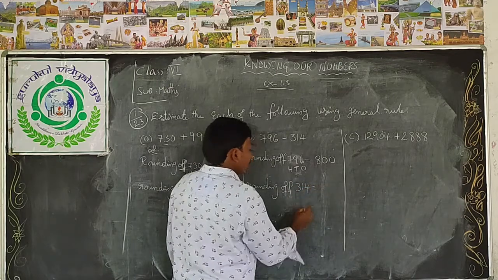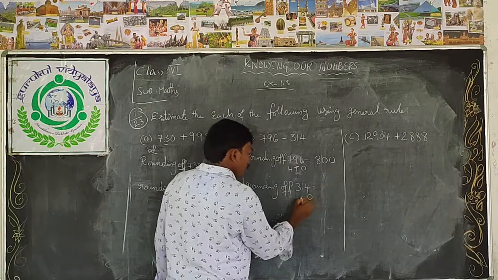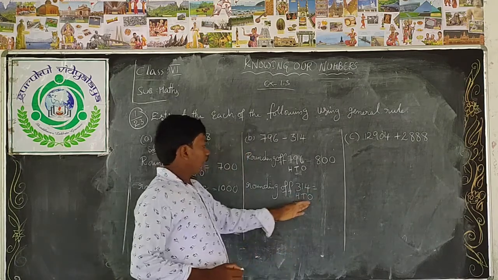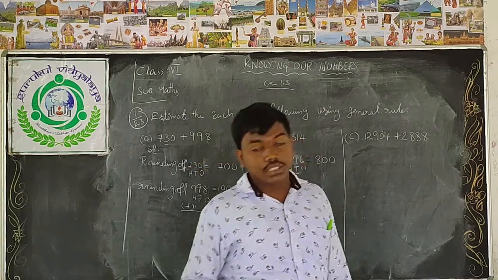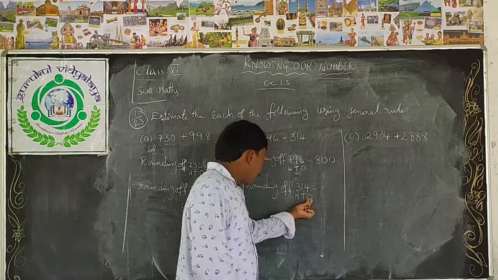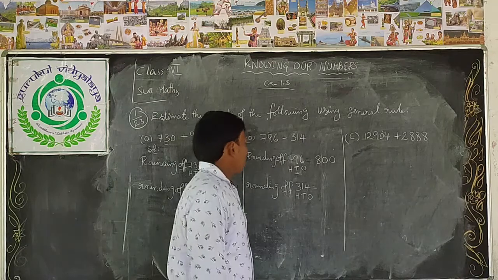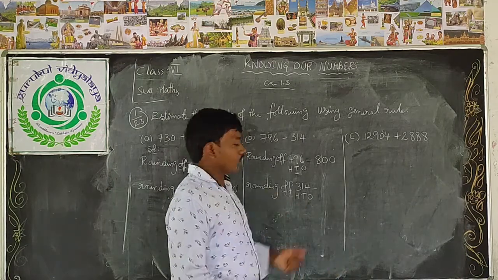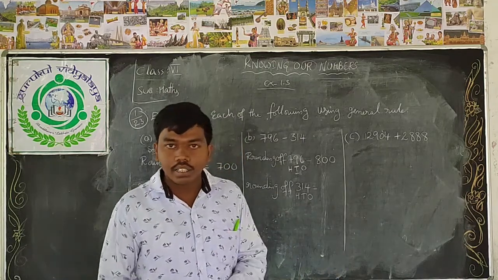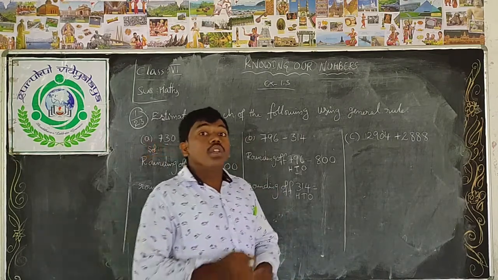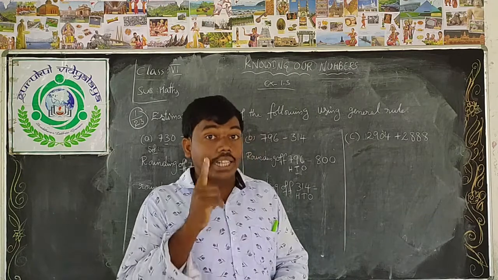See, children, next one, rounding off 314. This is the ones place or unit place, the tens place, the hundreds place. Again, here a hundreds number is given, 314, so we round to the hundred. Before that, identify the tens place value.